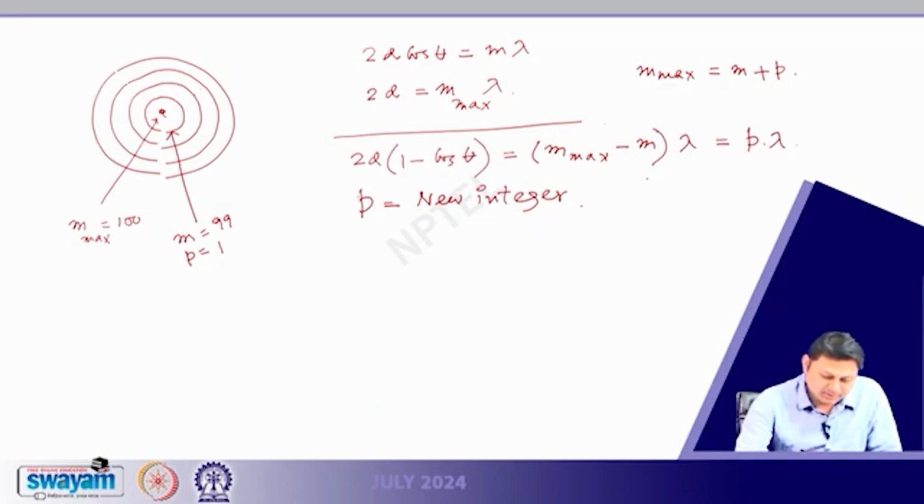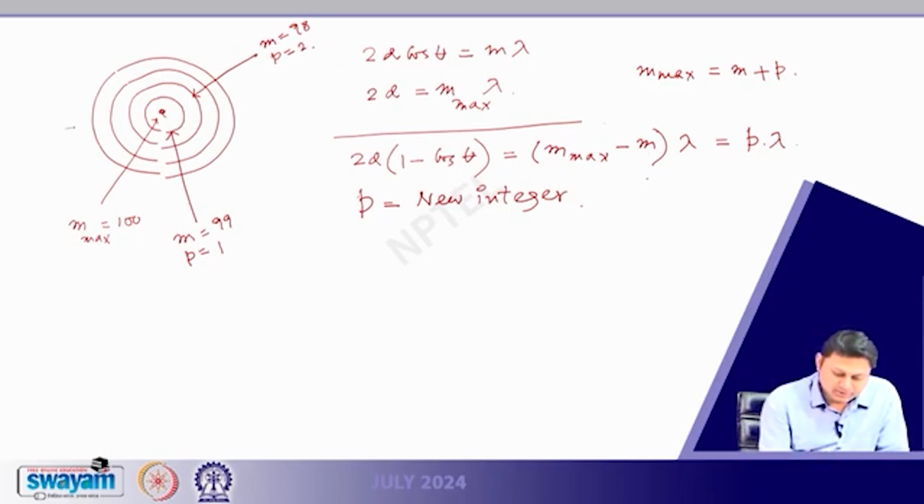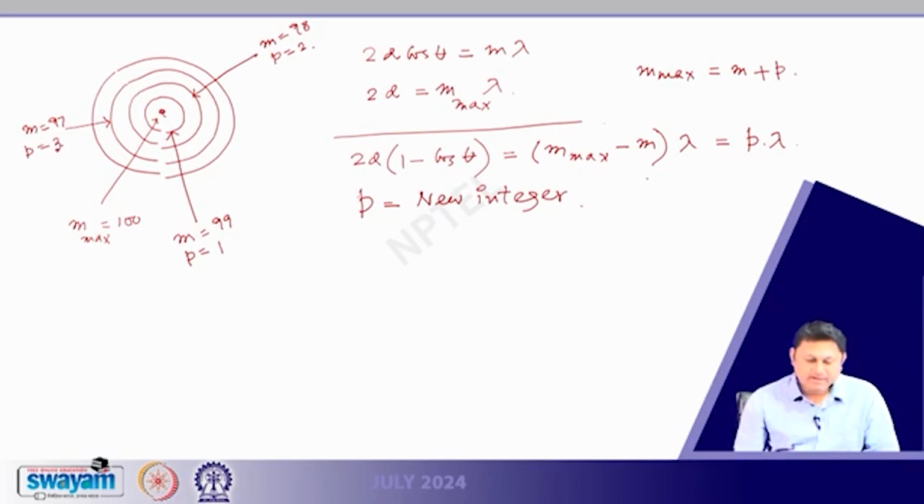Similarly, for this ring my m will be say 98 and p will be 2, and for the third ring my m will be 97 and p will be 3, and so on.